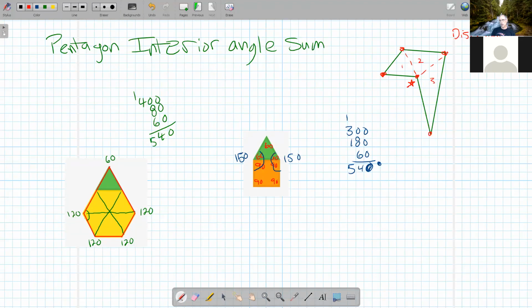So there are 3 triangles in a proper dissection of a pentagon. So then 3 times 180 happens to be 540. So now we have a reason that it's always going to work out that way. So we have 2 examples leading us in that direction, and then this kind of takes us there.